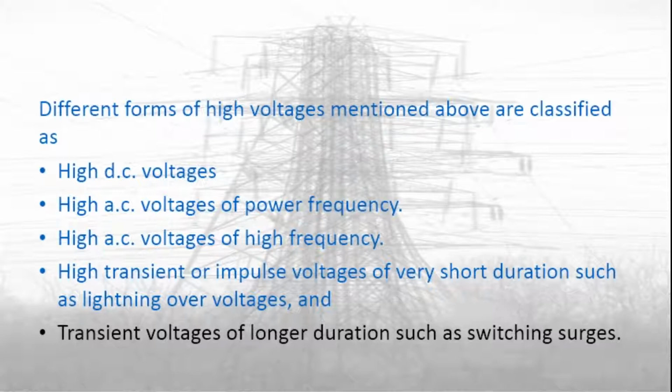So in AC we have two different types, power frequency and high frequency. Then we have impulse voltages of short duration and long duration. Short duration relates to lightning and long duration relates to switching surges.